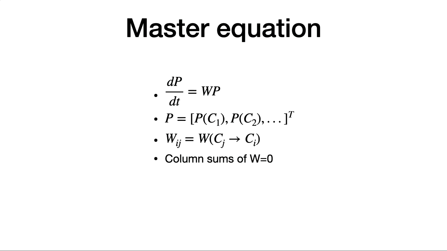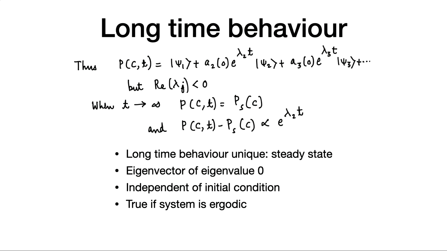Wij are the rates of going from Cj to Ci, with column sums 0. Then in the long term, the system goes to a unique steady state, the eigenvector of eigenvalue 0, which is independent of the initial condition if the system is ergodic.